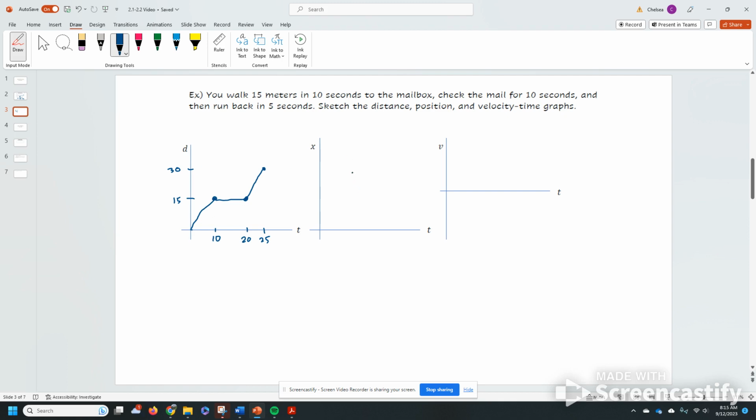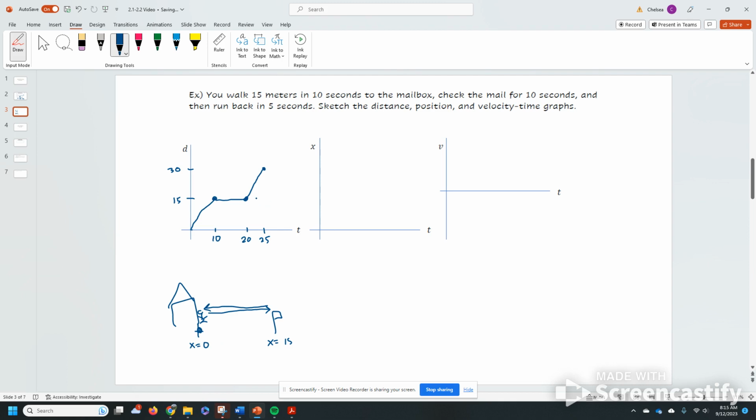So the difference here in our position versus time is that position is actually where we started. So here's our house over here. We started here. This is, say, x equals 0. And over here at x equals 15, this is the mailbox. So we walk out to the mailbox, but then we're going to run back to where we started. So we want to end up at that same location.